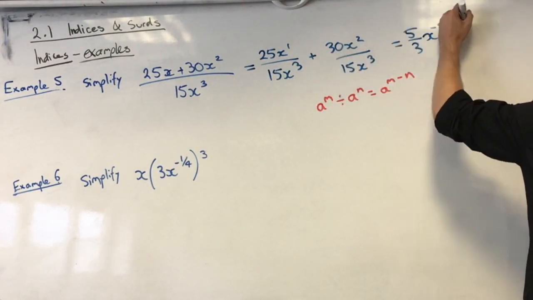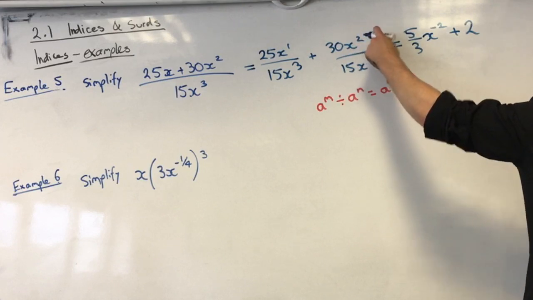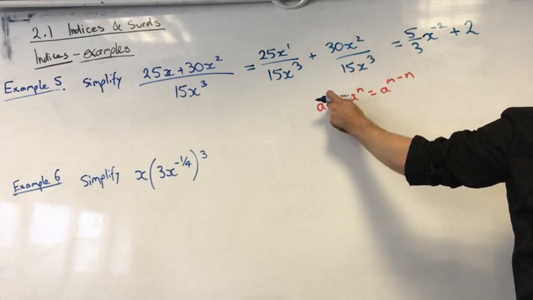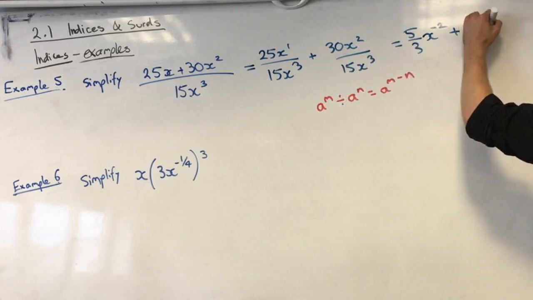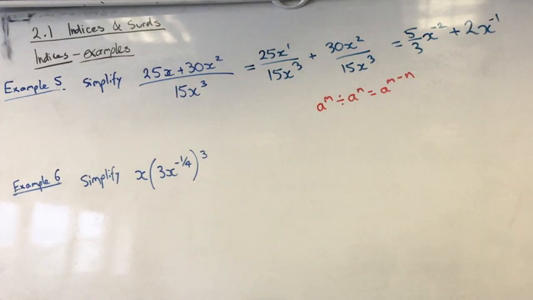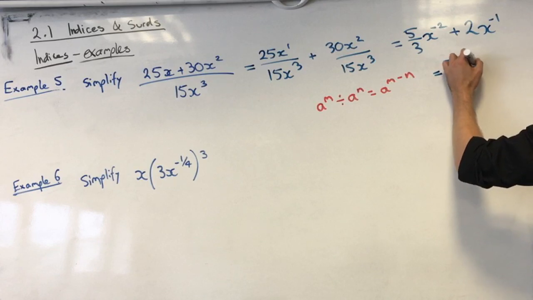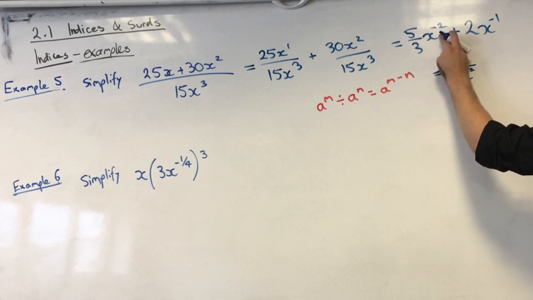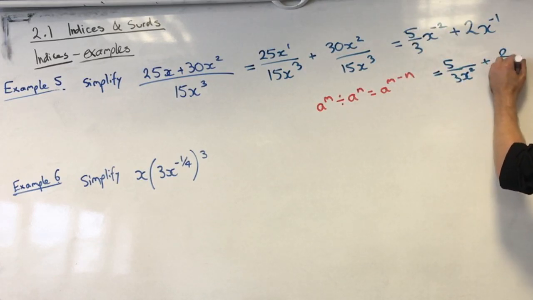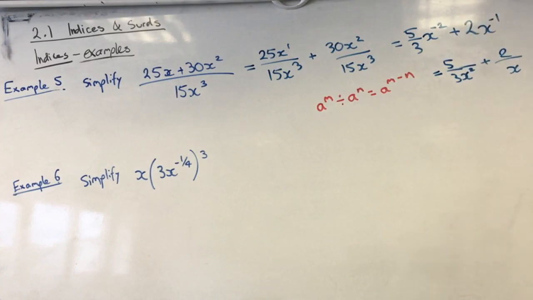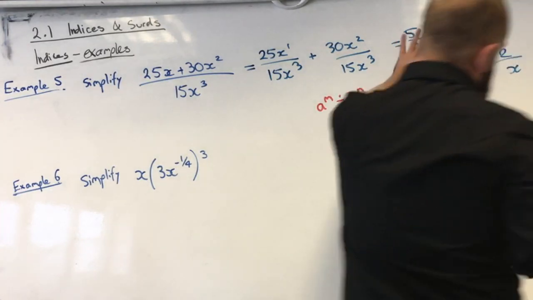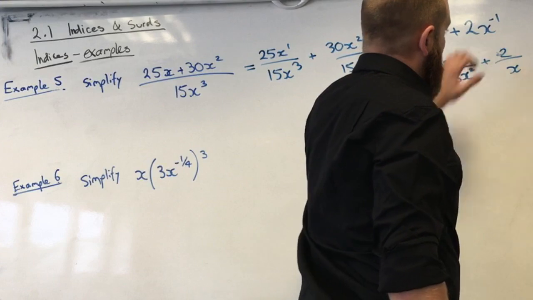Plus 30 over 15 is 2. x squared take x cubed, 2 take 3 is again going to be x to the minus 1. If we wanted, we could rewrite that as 5 over 3 x squared, and just bring it all down because of the negative power, plus 2 over x and bring that down because of the negative power. But those are equivalent answers, they're both correct.